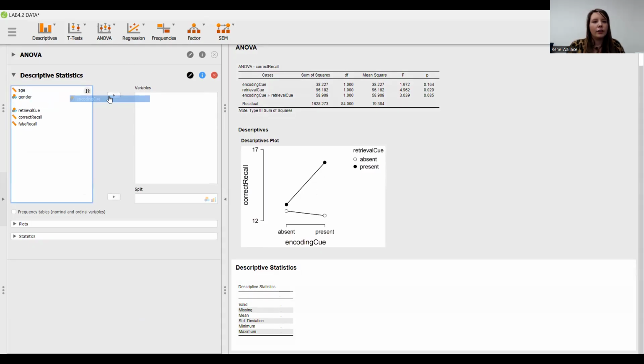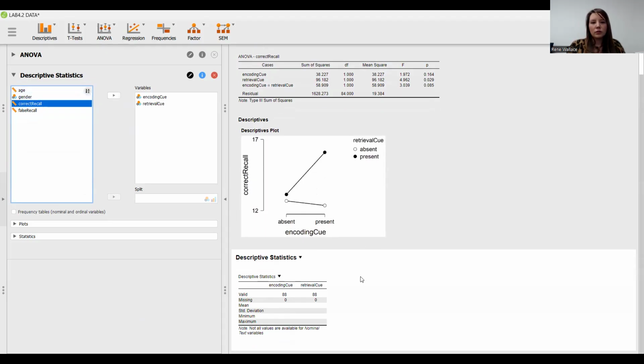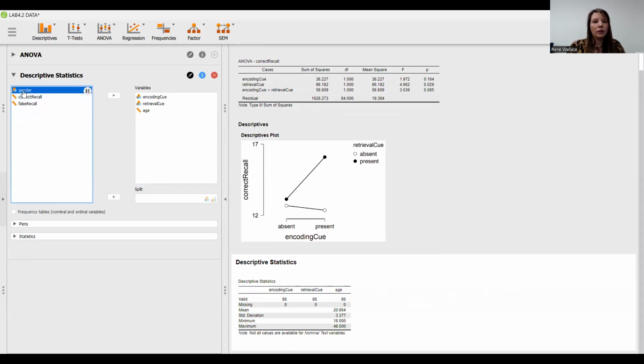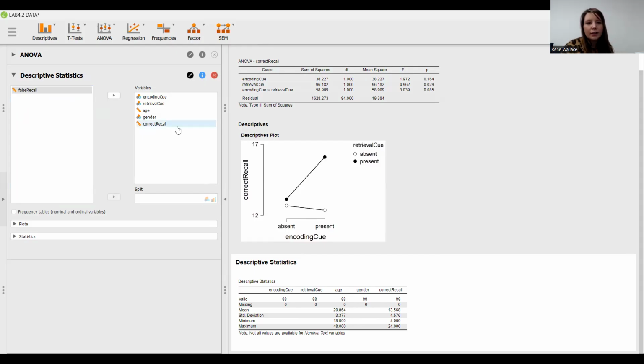So for encoding cue, retrieval cue, okay, so you can see over here, I have my ages and correct recall. I'm looking for my means. Here's my means. That's not right. Hold on. Let me take out something. I want the mean for the encoding and retrieval.